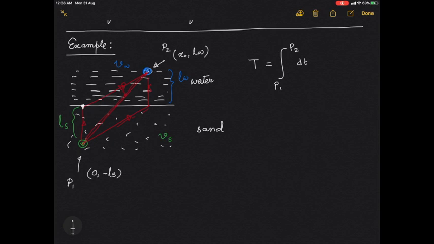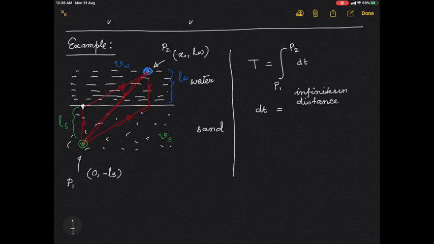But that is not written in terms of any of these variables, so how do I write it? Well, you will say that dt I can write as distance, obviously infinitesimal distance, by velocity, and that must be instantaneous velocity, because I am talking about a differential change in time.